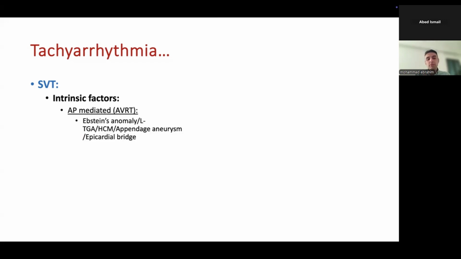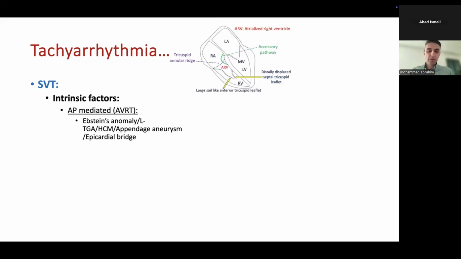The most common example of accessory pathway mediated AVRT in congenital heart disease patients is Ebstein's anomaly, of course, in which there are associated accessory pathways within the abnormal tricuspid valve region. Furthermore, it might also happen with LTGA with Ebsteinoid tricuspid valves, or hypertrophic cardiomyopathy patients, or very rarely an appendage aneurysm and epicardial accessory pathway connections.